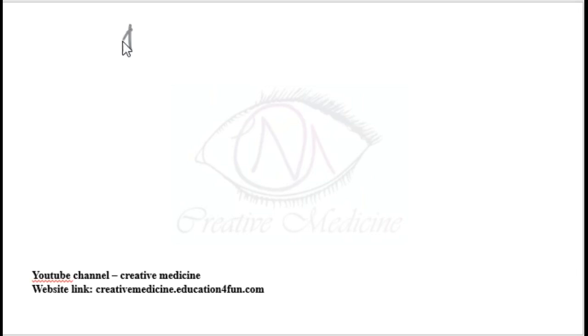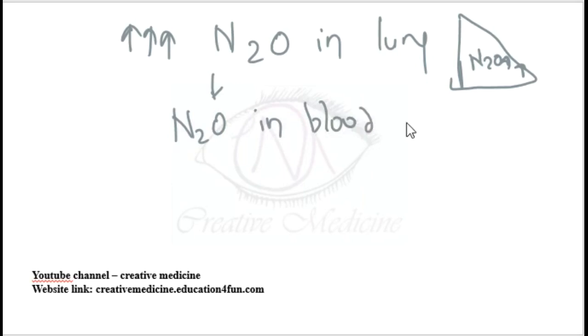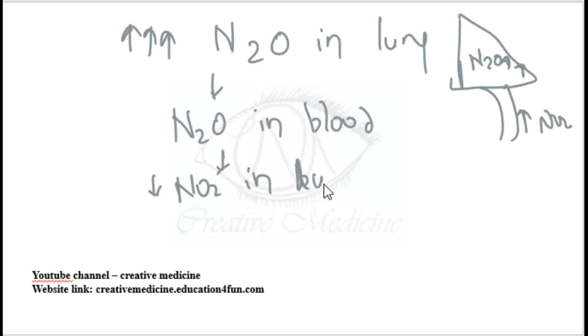Whenever there is a high concentration of nitrous oxide in the lungs, it increases the uptake of nitrous oxide in the blood, because the nitrous oxide travels from the lungs to the blood.